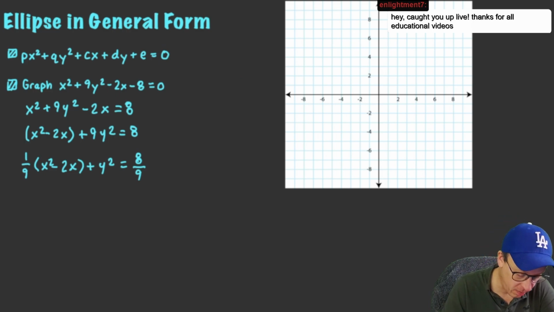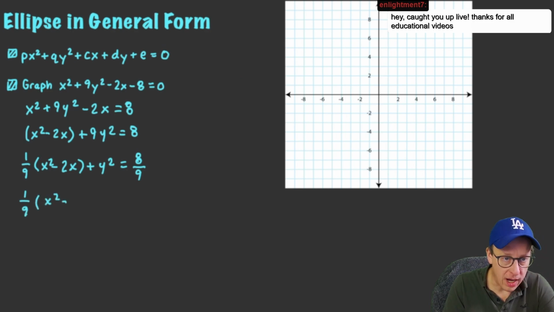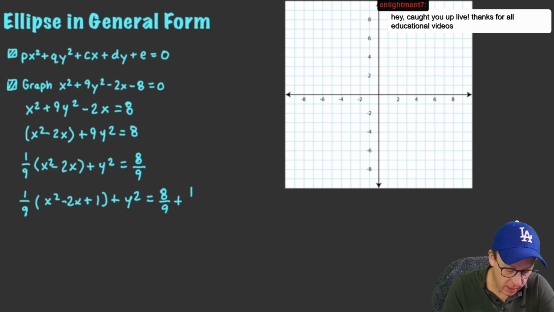So this is going to get a little bit more complicated. So this is going to be 1 over 9, x squared minus 2x plus 1, plus y squared. And this will be equal to 8 over 9 plus 1 over 9. And then we need to just simplify from this.